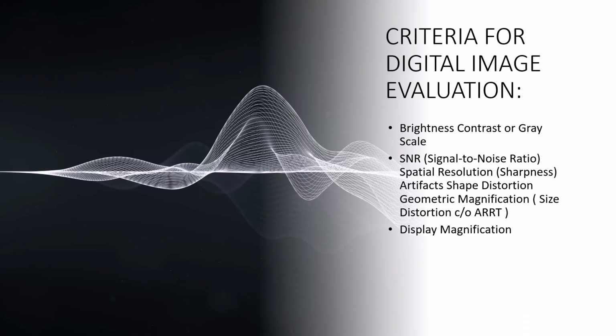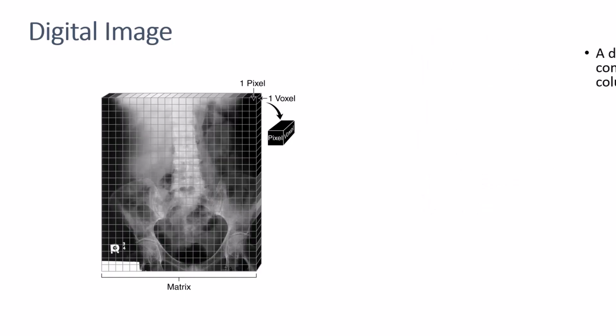Not only do you look at the image on the screen, but you have to be able to analyze the information that is coming with the image to see if it is a good quality image, because the computer is trying to make it look like what it should. So just looking at the image for collimation and positioning is only half the battle. You need to look at the whole picture.